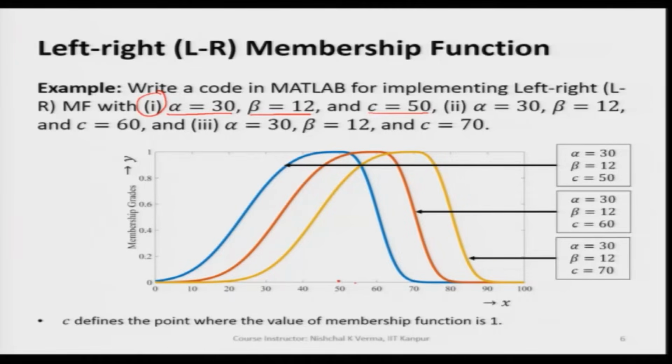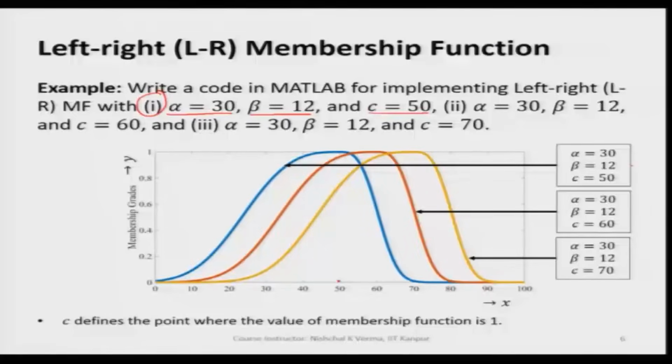highest value. So, if we see the plot for these values, let me make it clear that here also we have used the same monotonically decreasing function, but we are only varying the values of alpha, beta and C. So, these are the 3 cases.